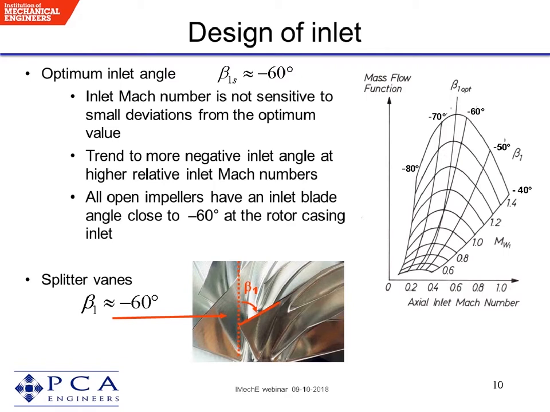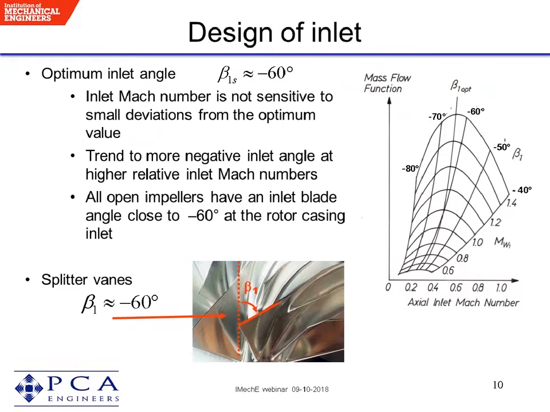And the choice of the minimum inlet relative Mach number by selecting the inlet diameter always gives an angle very close to -60 degrees. So you can optimize the inlet very simply from this diagram. Depending on the relative inlet Mach number, and a value of 1 is exactly 60 degrees, you end up with impellers that have the same inlet angle.